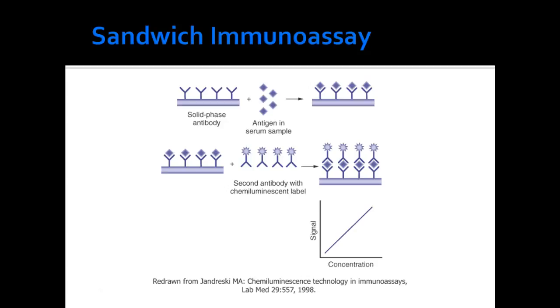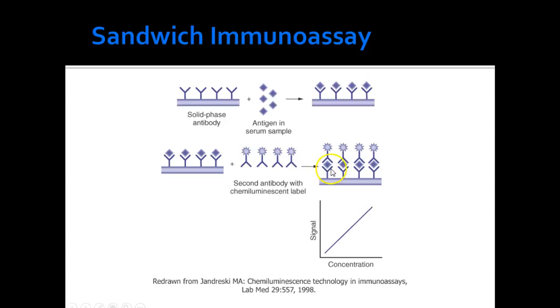Here's how the sandwich works. The solid phase usually adheres to the side of a test tube. We add the antigen, which is in the patient's sample. So we take the patient's serum, add it, and any antigen that's there is going to bind to the antibody that's attached to the wall of the test tube. We're then going to add a second antibody with a chemiluminescent label.